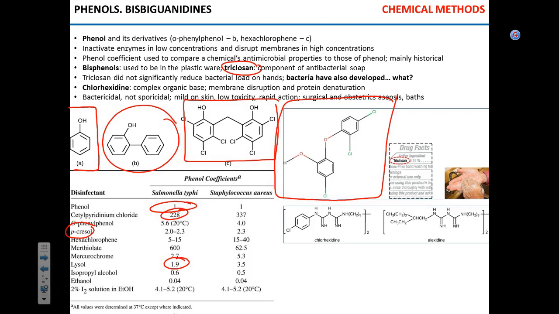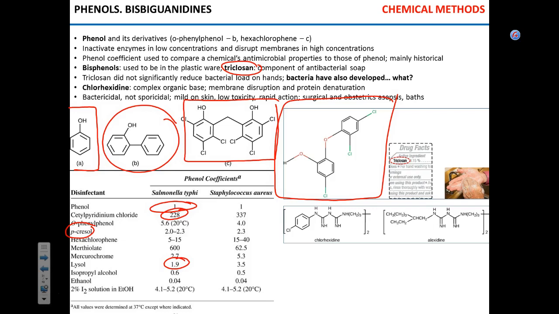And second, imagine how much triclosan went into sewage when people started to use antibacterial soap. And all that triclosan, not all of it, but a huge portion of it, ended up in the environment, turning environmental bacteria resistant to it. So even though it was marginally efficient, now it's not efficient at all. So the FDA recommended to just stop adding it to the soap because there's no point.